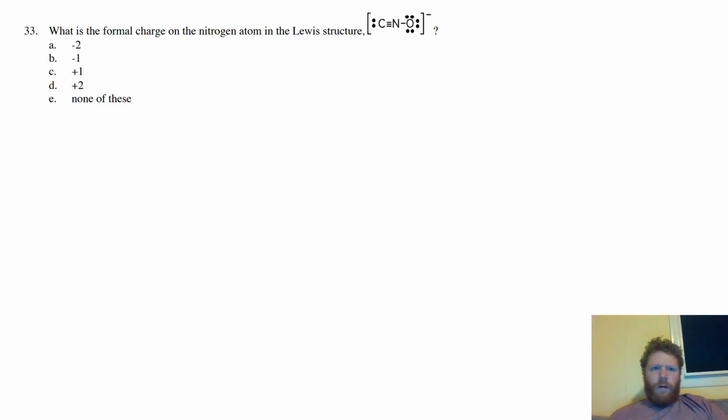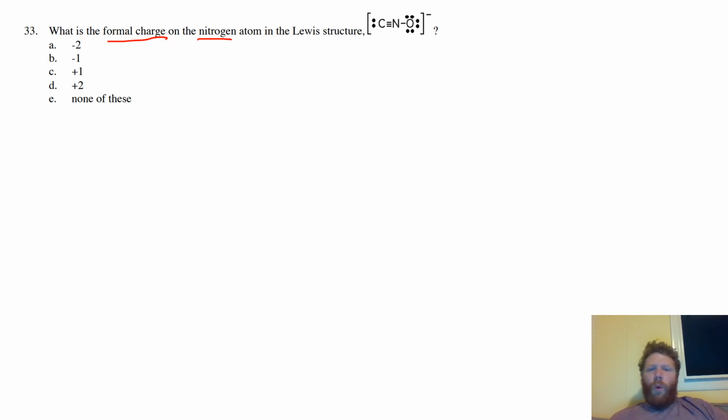This question right here is one that you could see something very similar to, but I don't want you to get distracted. So this question asks you to calculate the formal charge on the nitrogen atom in our molecule CNO-.